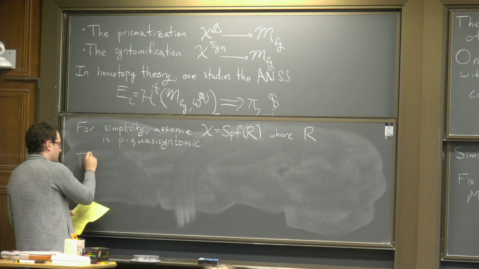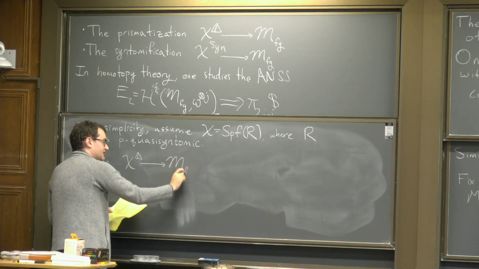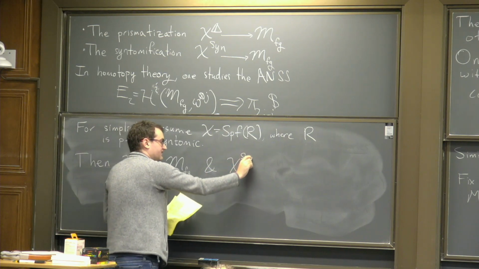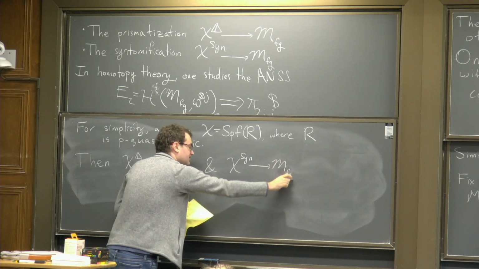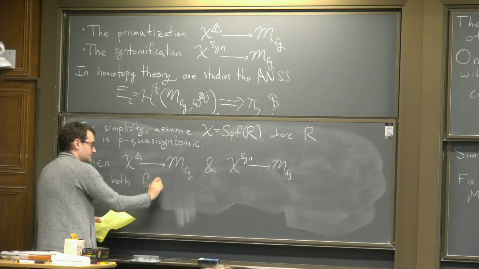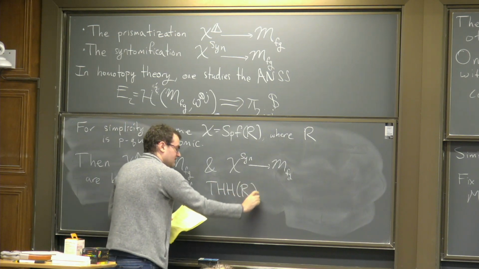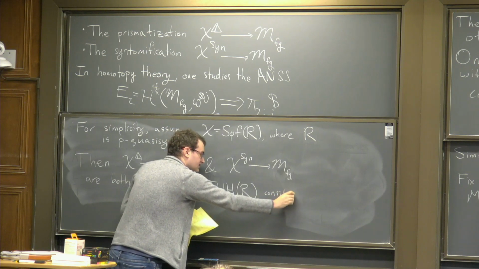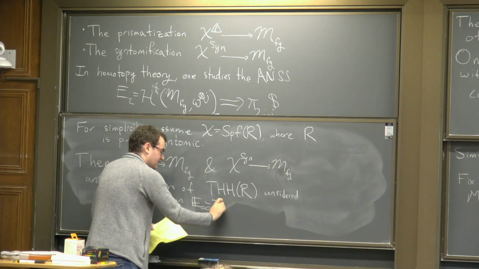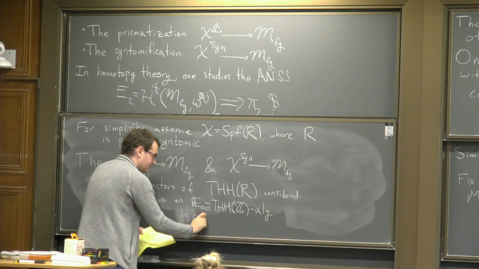Okay, then here's a key fact. This gadget you assign to X, namely X prism living over MFG, or this other algebraic thing you can assign to X, namely X syn living over MFG, they are both functors of THH of R, considered as an E-infinity THH of Z algebra in cyclotomic spectra.